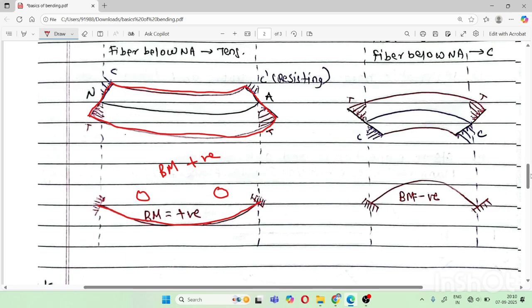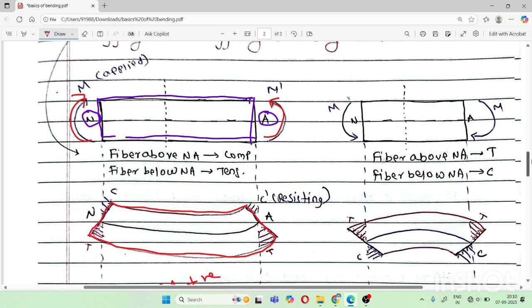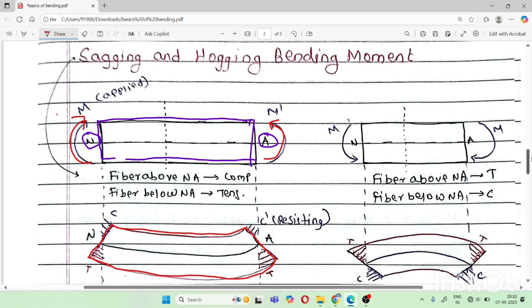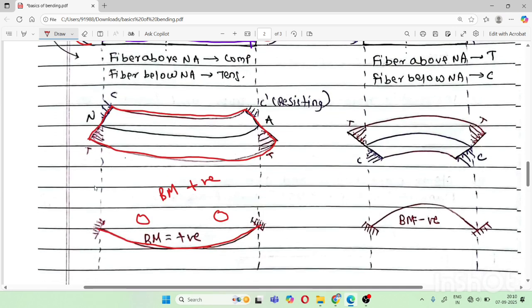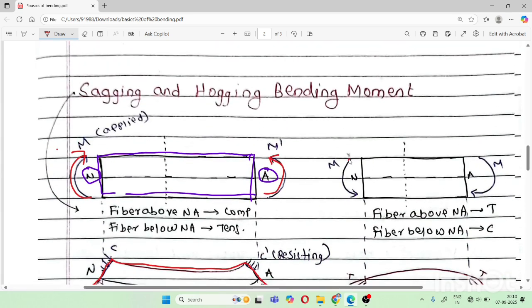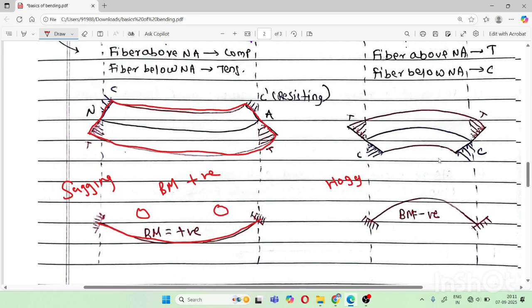On your right side you can see I have applied a reverse moment. Obviously the bottom portion is going to compress now and the top portion is going to be in tension, as you can see in the figure. I'm bending in that direction, so the bottom fibers are getting compressed and the top fibers are getting in tension.